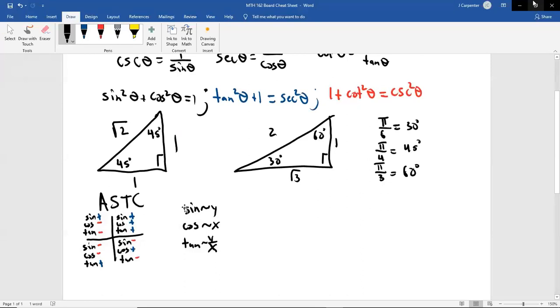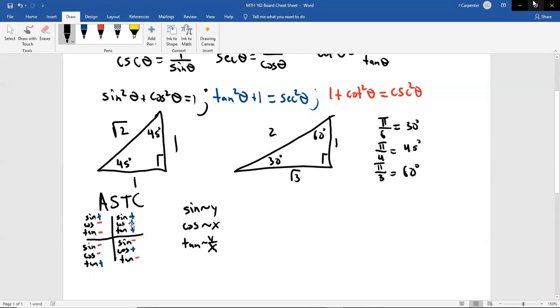And it turns out that the patterns, based on the fact that sine goes like y over the radius, cosine x over the radius, and tangent the ratio of y over x, because that would be sine over cosine, that all of these are positive in quadrant 1 because all of the x and y coordinates are positive. Sine is the only positive one in quadrant 2 because you're going up and sine relates to y. Tangent's the only thing that's positive in quadrant 3 because sine and cosine were both negative and that ratio would be positive. And then cosine is the only thing positive in quadrant 4 because you're going right and down.